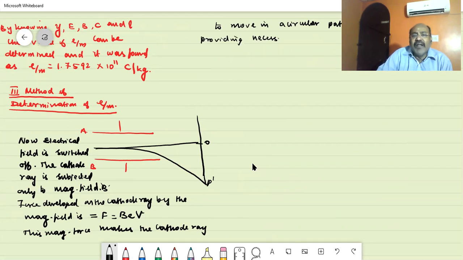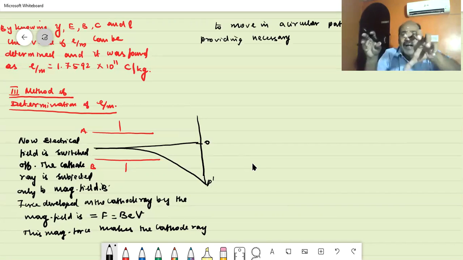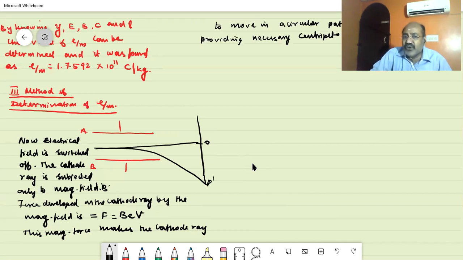Because if a body is going in a circular path, it experiences centripetal force. That centripetal force is provided by the magnetic force developed on the cathode ray particle by the field. So to move in a circular path, providing the necessary centripetal force, which one? The magnetic force that is developed.